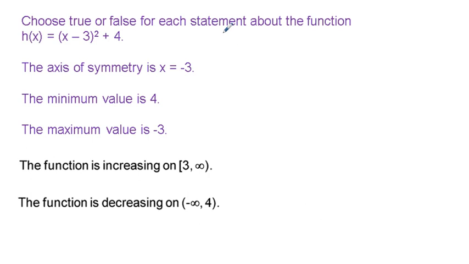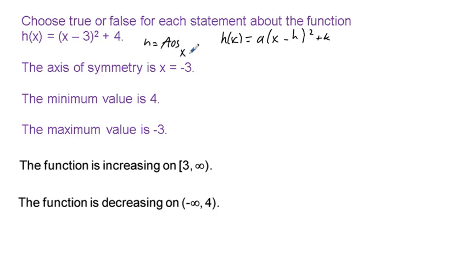Well, the standard form is this: h of x equals a times (x minus h) squared plus k. Well, if we have axis of symmetry is h, so h equals our axis of symmetry.